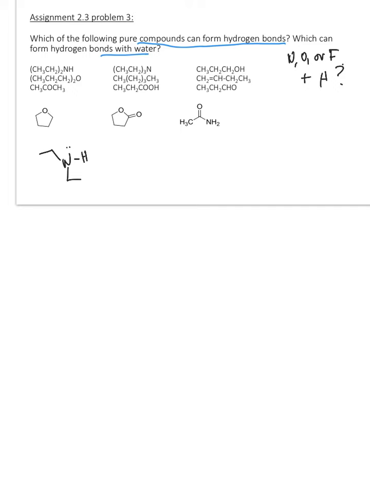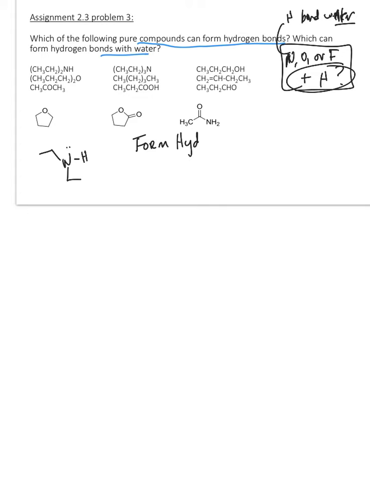If it has no hydrogen, but it has one of these three, then it can hydrogen bond with water. But it has to have all of these to hydrogen bond with itself. So can it form hydrogen bonds, and then with water?